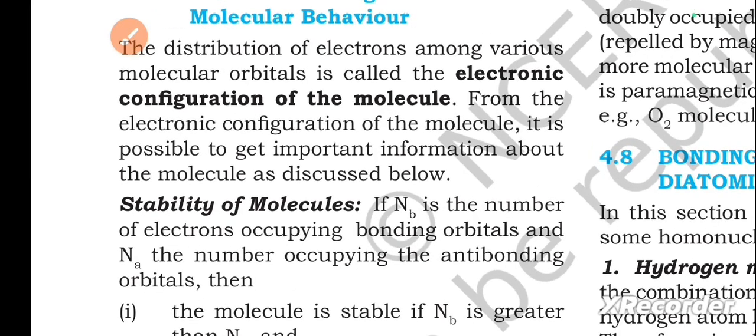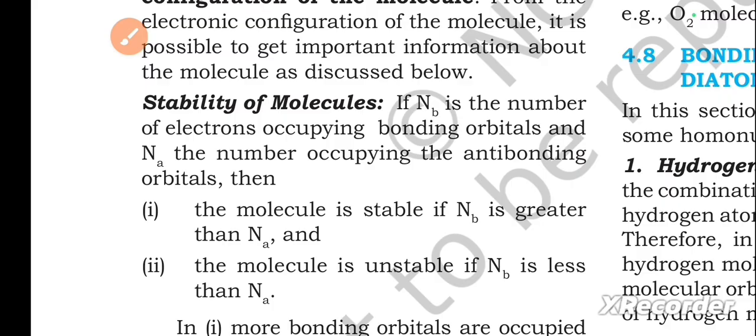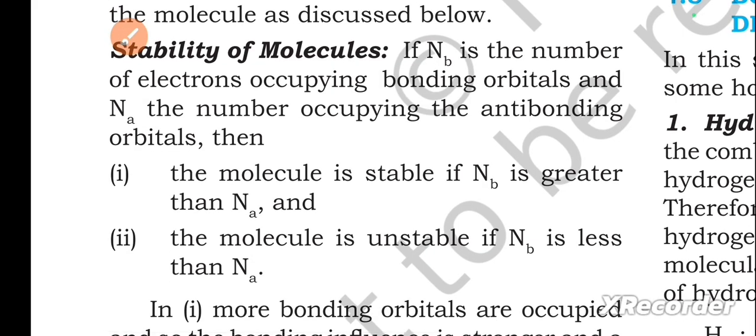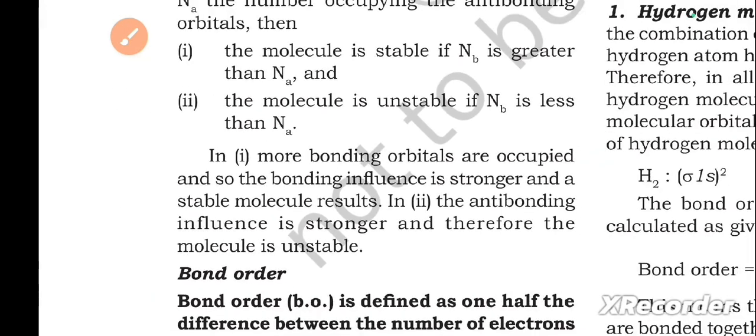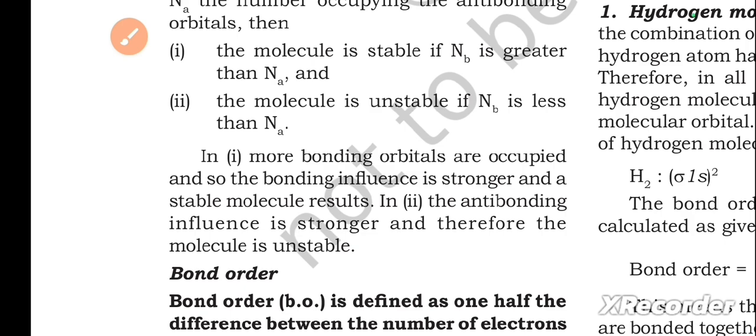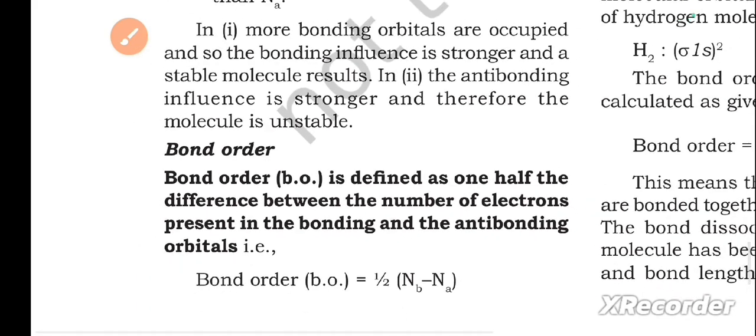If Nb is the number of electrons occupying bonding orbitals and Na the number occupying the antibonding orbitals, then first point, the molecule is stable if Nb is greater than Na, and second point, the molecule is unstable if Nb is less than Na. In the first one, more bonding orbitals are occupied and so the bonding influence is stronger and a stable molecule results. In the second one, the anti-bonding influence is stronger and therefore the molecule is unstable.